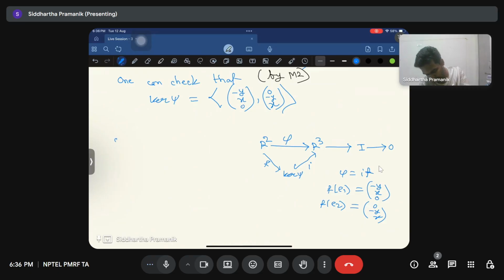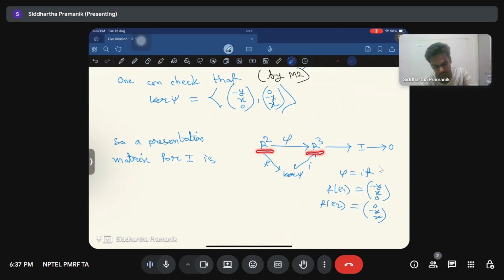So what is the presentation matrix? A presentation matrix for I is, so here it is mapped from R2 to R3. The matrix will be 3 cross 2. Just write these vectors. So minus y x 0, 0 minus y x.